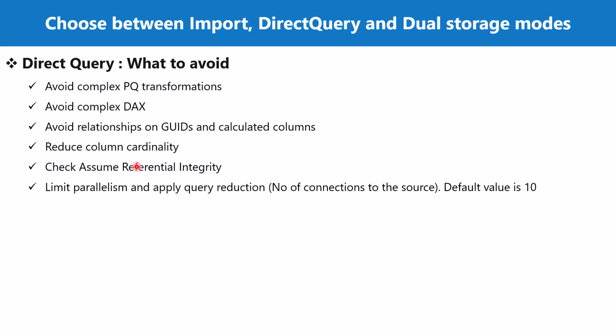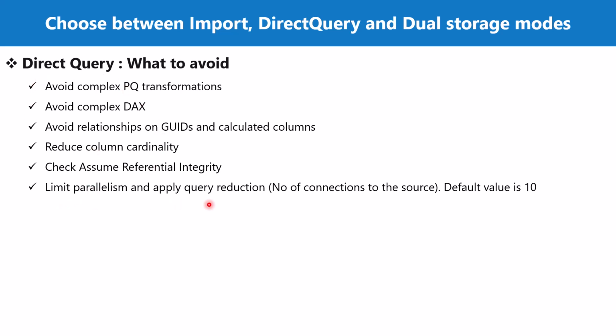This is something which is done inside a database environment, so you have to ensure this referential integrity. You have to make sure that this concept is being followed, and there is also a flag once you are making a data model, which is called the assume referential integrity flag. So you also need to check that particular flag once we are working in the direct query mode.